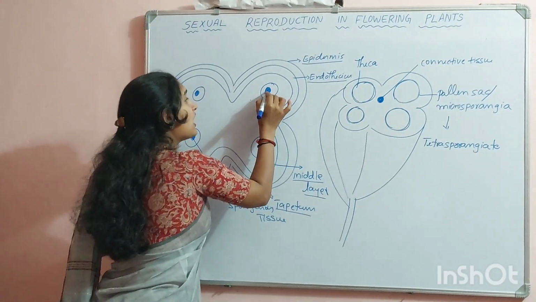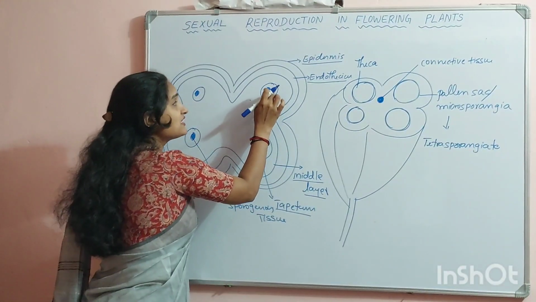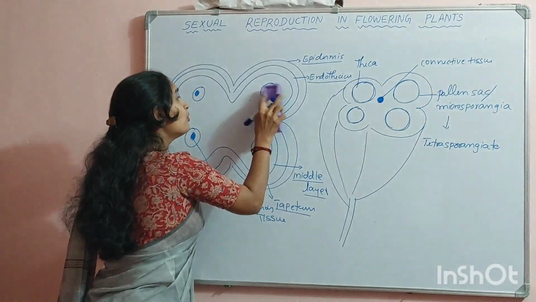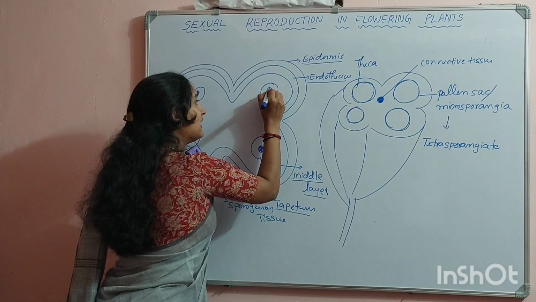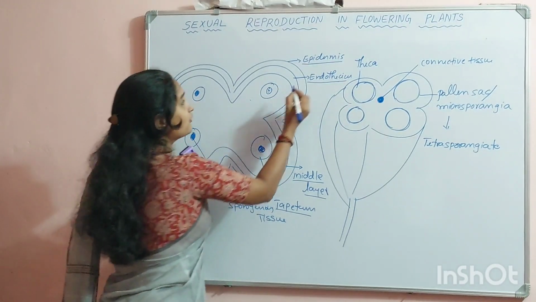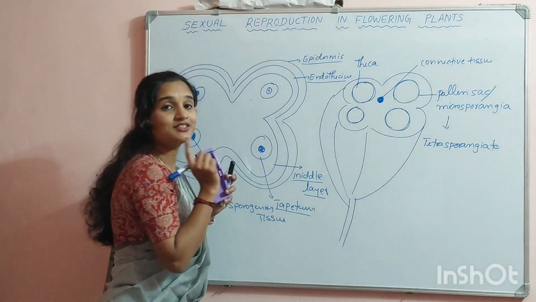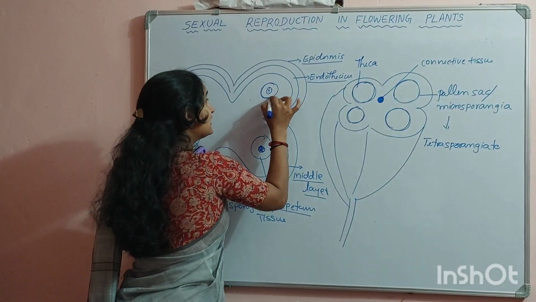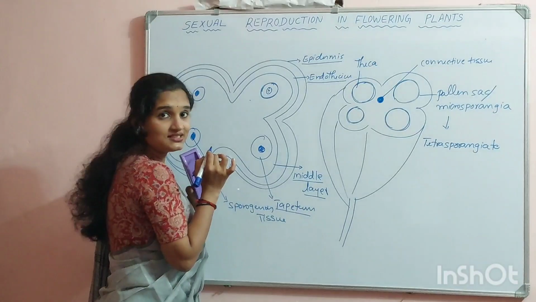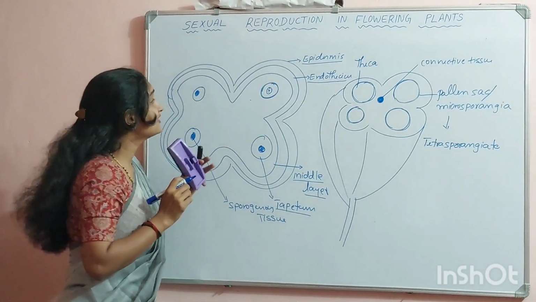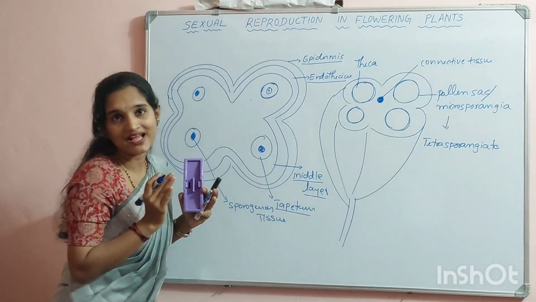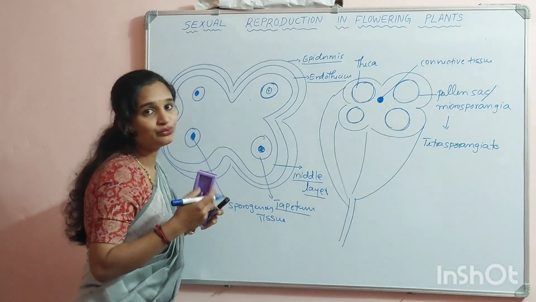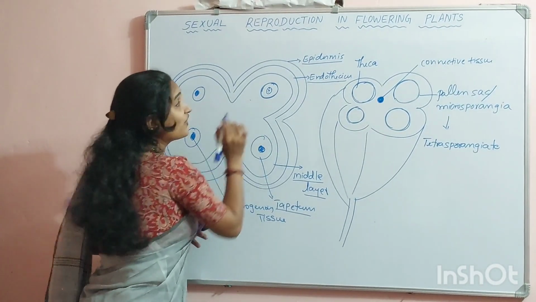So microspores are produced here, inner to the tapetum. Microspores are also called pollen grains. The function of the outer 3 layers is protection as well as dehiscence, whereas the tapetum cells have dense cytoplasm with many nuclei, more than 1, 2, 3, many nuclei.